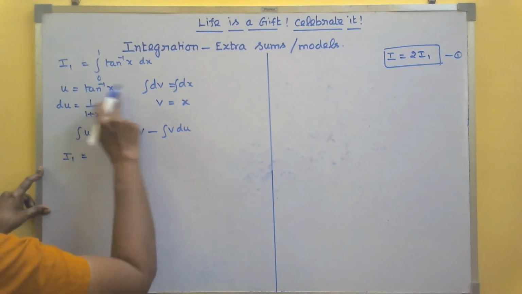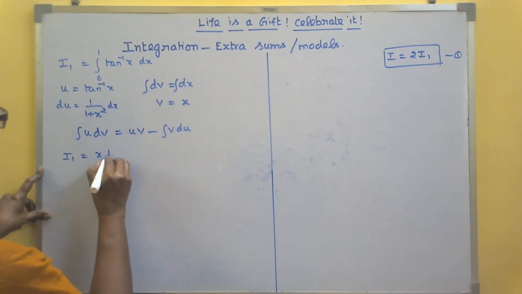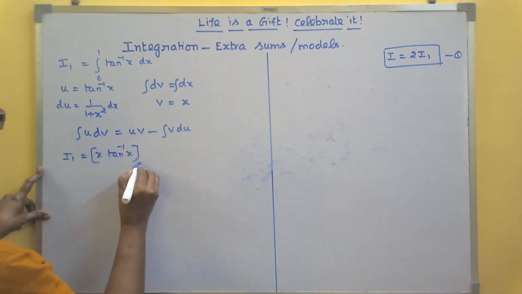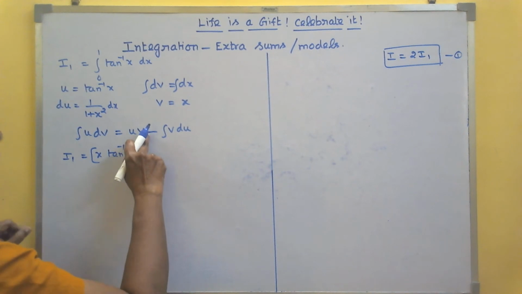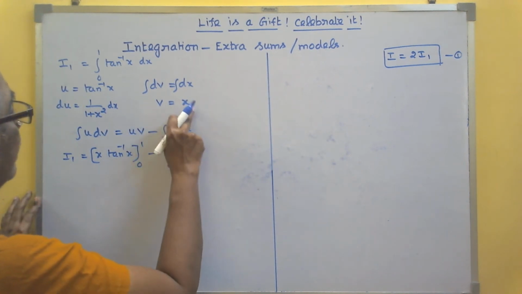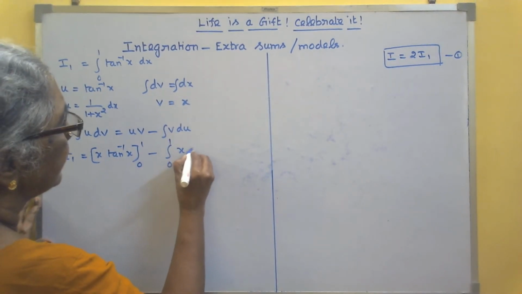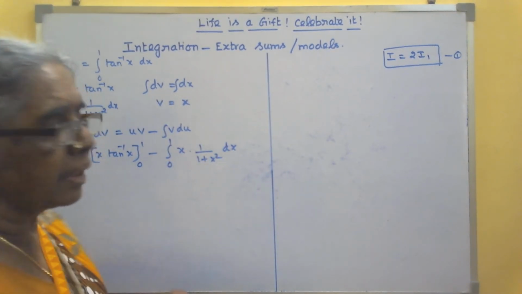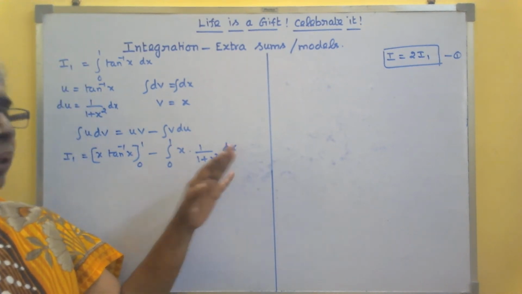U is tan inverse x, v is x. So I write it as x tan inverse x, but this is definite integral. So put the limits, that you have to use for uv also. Then minus integral 0 to 1 v du. So x into 1 by 1 plus x squared dx. So this is the part which you have to integrate.